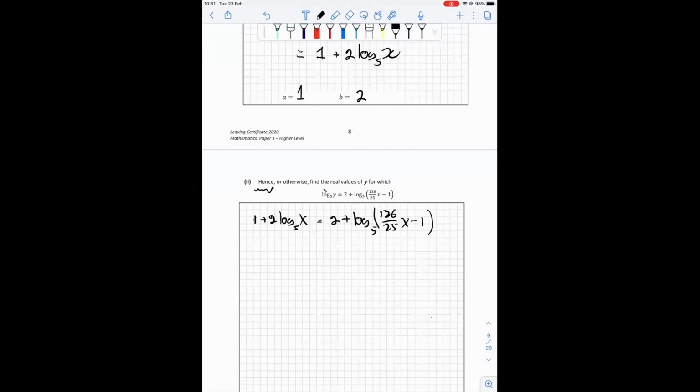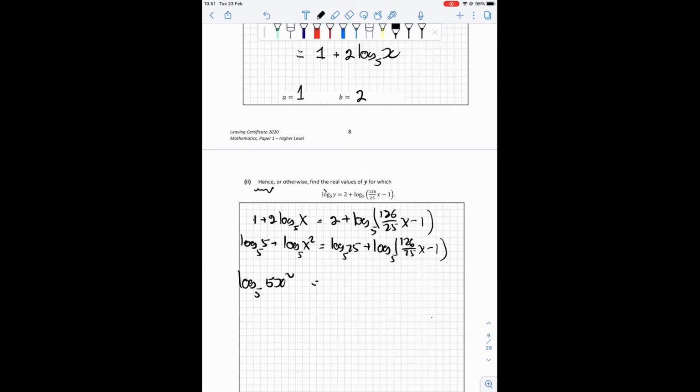So I know that 1 is log 5 of 5. And here I'm going to put my 2 inside, so it becomes x squared, and 2 is log 5 of 25. Okay, log plus log makes log of multiplication. So I get 5x squared.